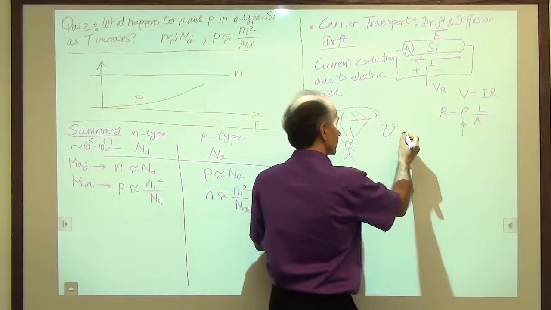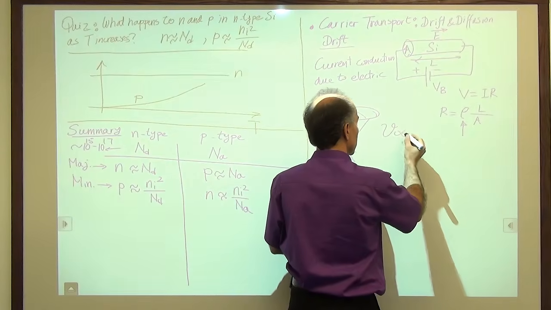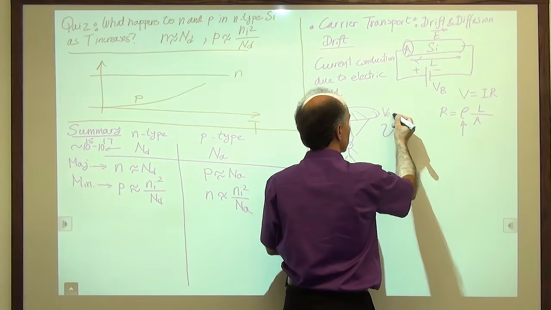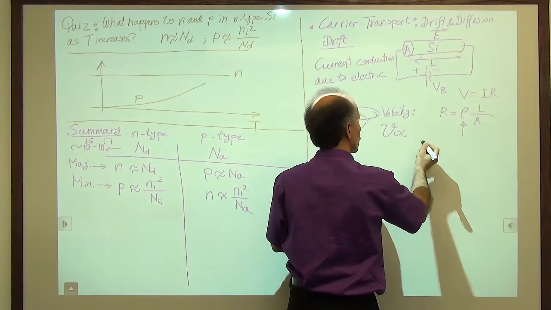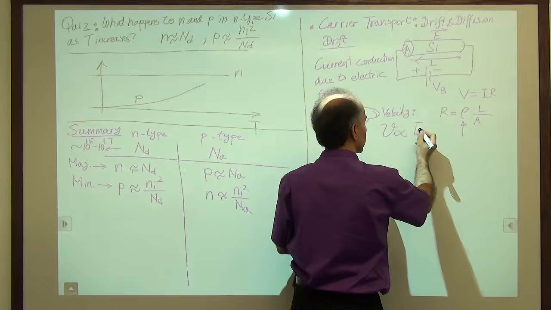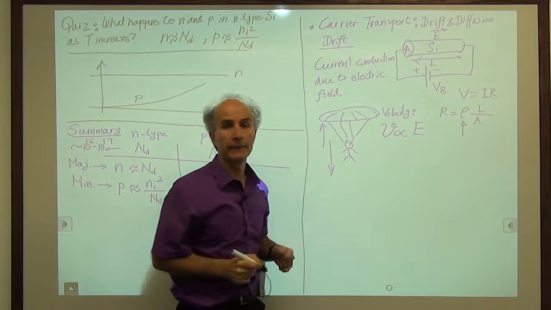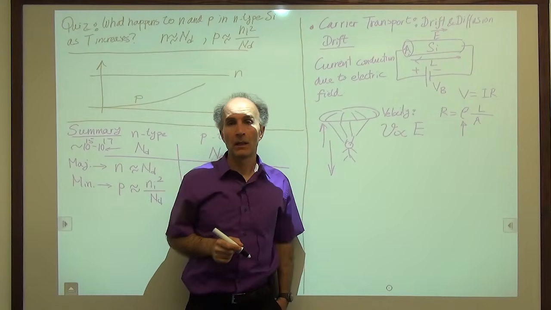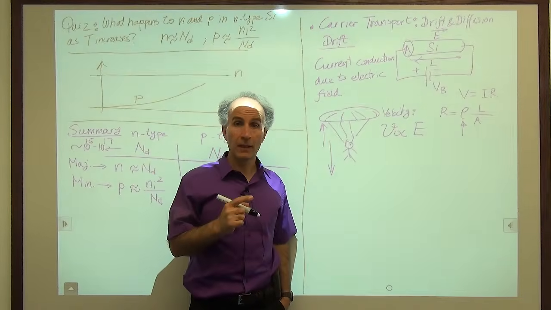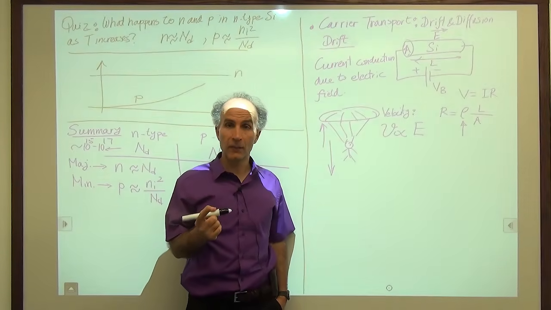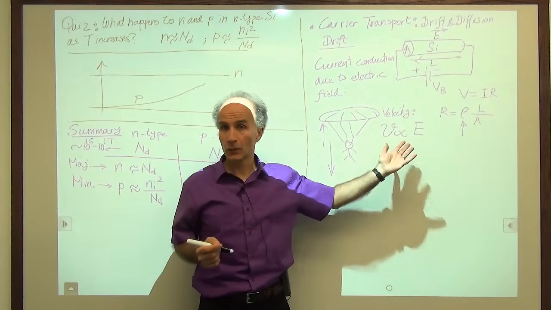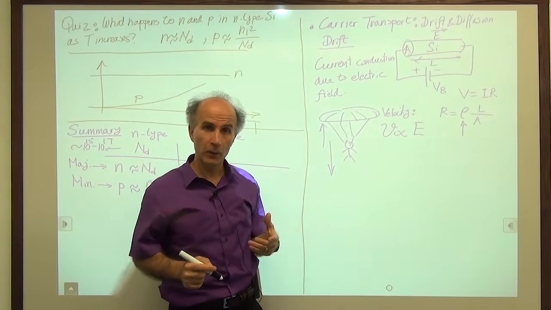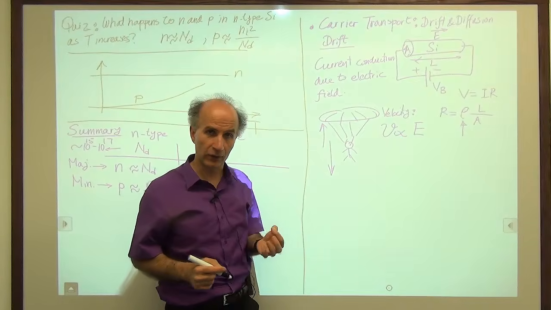So the velocity of electrons in a semiconductor should be proportional to the electric field. Okay, so we cannot say v is equal to E because they have different dimensions. This is velocity, meters per second, this is electric field, so we can't make them equal. We need a proportionality factor.